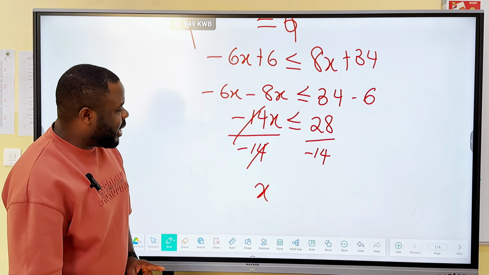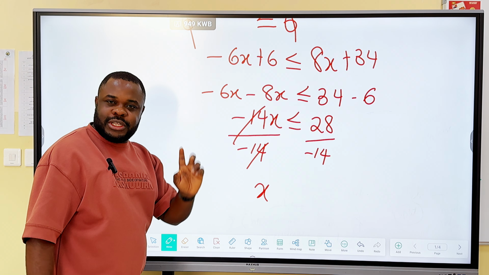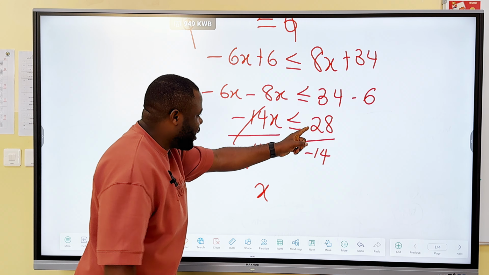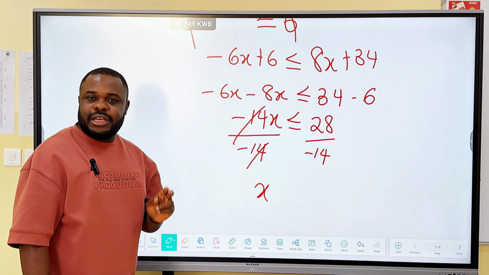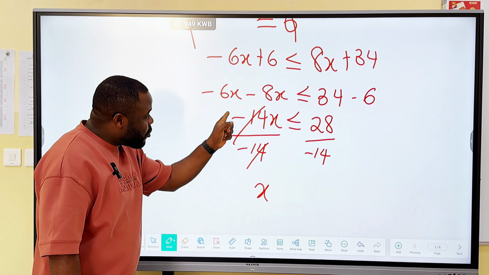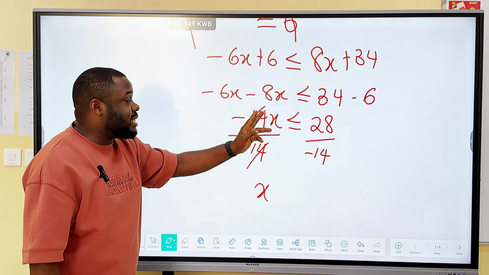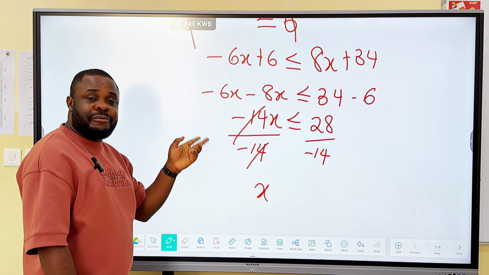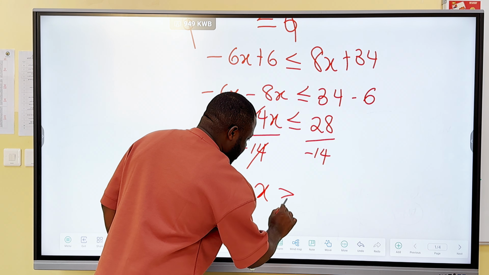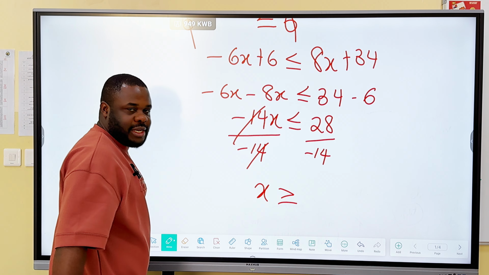Now, whenever you divide an inequality by a negative number, it affects the inequality sign. So since we divided by negative 14, this inequality sign that is less than or equal to will now flip to become greater than or equal to whatever we get here.